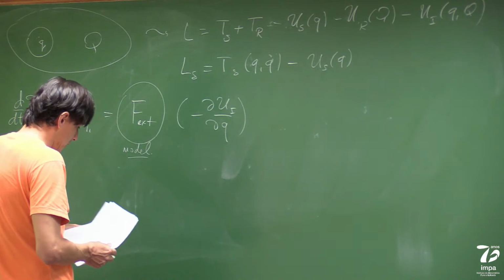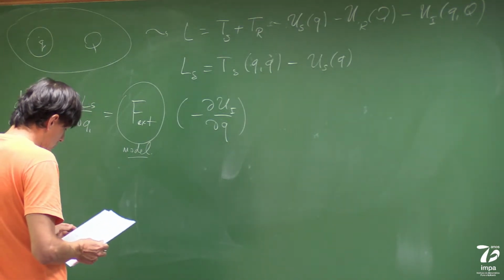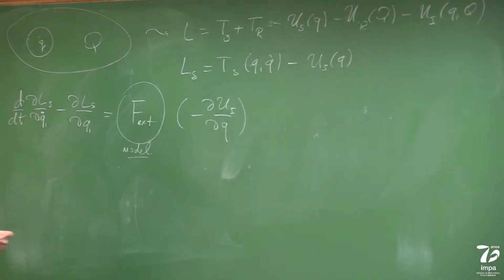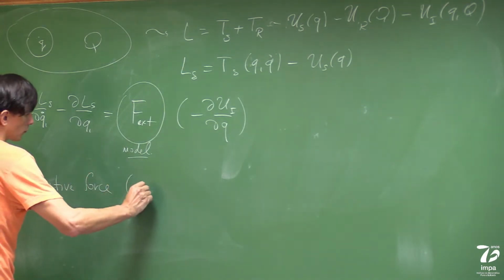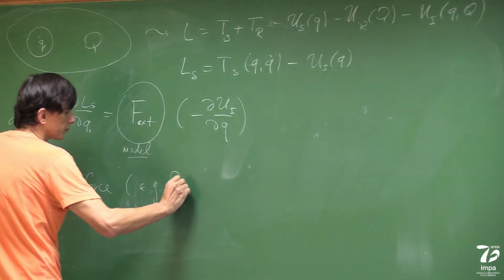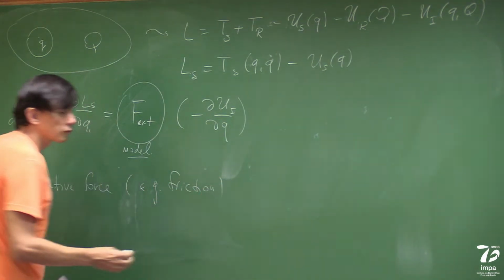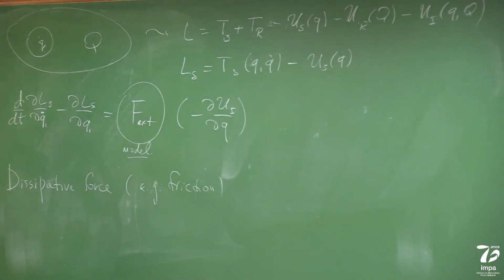A very important example that we will consider is a dissipative force. For example, friction. Well, there are different ways of how you can dissipate. So essentially, what is a dissipative force?